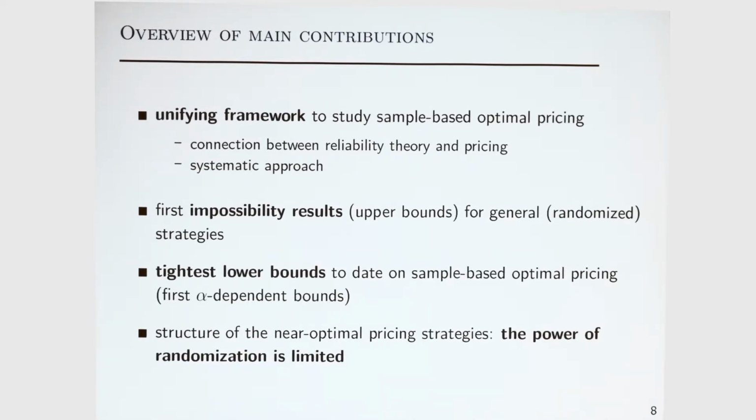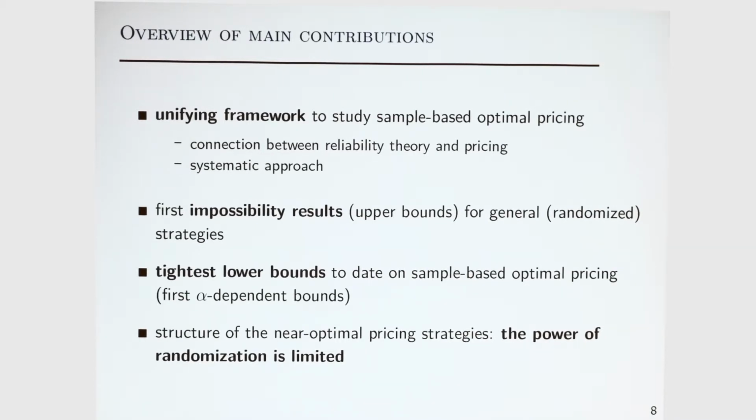As far as we know, we are the first to provide impossibility results against randomized mechanisms. And also for regular and MHR, we give tighter guarantees. And we are the first, as far as we know, to give really alpha-dependent characterizations.